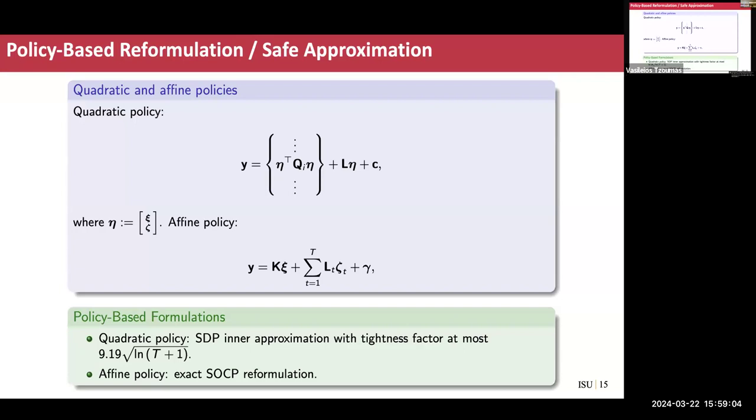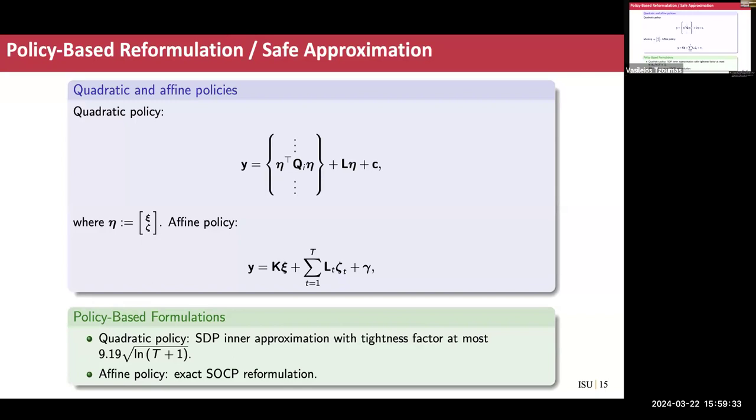That's something I'm trying to get into, because it seems like with quadratic policy, you really get this affine policy as a special case, right? Because when you take Q to be a zero matrix, that just becomes an affine policy. So just by looking at the two policies, you see that this quadratic policy should always outperform this affine policy.